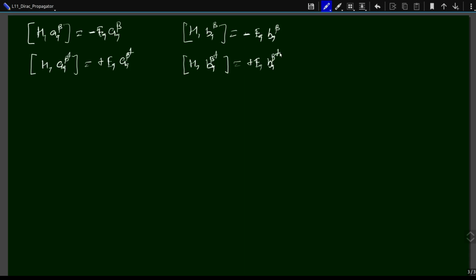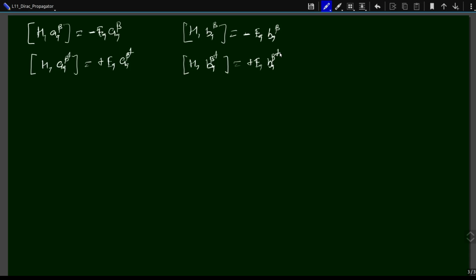Now what is the importance of these four commutation relations? Note that a's and b's are objects that anti-commute with each other, with anti-commutators between a and a dagger and b dagger. The Hamiltonian is not an anti-commuting object. It's made out of two anti-commuting objects, so overall it's a commuting object.